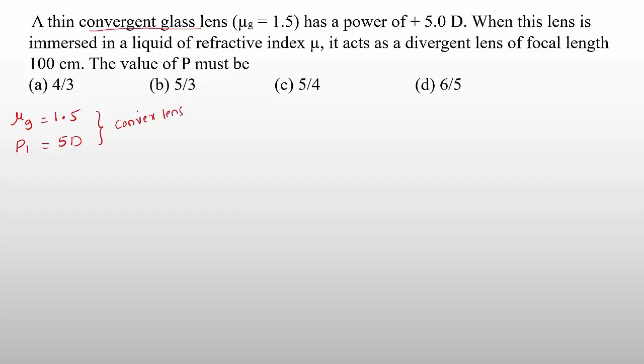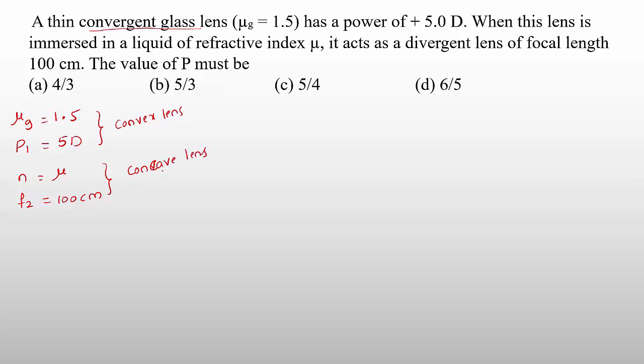Then when it is immersed in a liquid of refractive index mu, it acts as a divergent lens of focal length, let us take it as f2. f2 is given as 100 centimeter. So this is related to a divergent lens, that means concave lens.